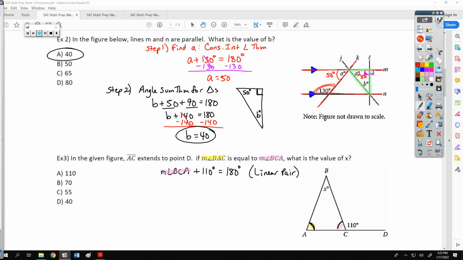As such, we can find the measure of that angle by subtracting 110 from each side of the equation, which would give us that the measure of our pink angle, the measure of angle BCA, is 70 degrees, which means so is the measure of angle BAC, because those angles are equal. The pink angle and the yellow angle are both 70 degrees.